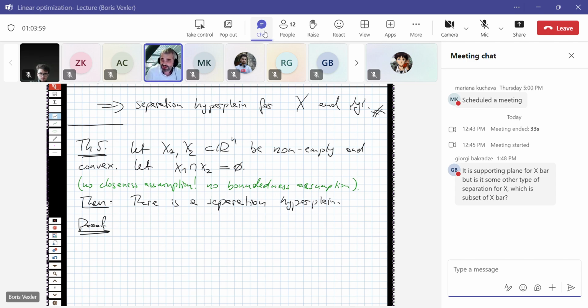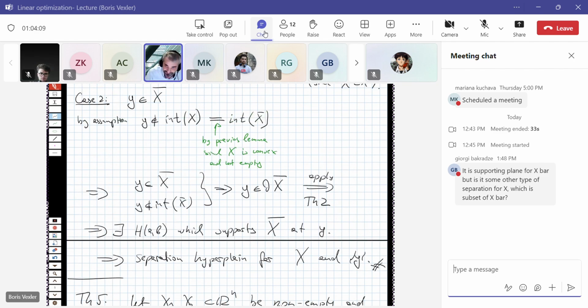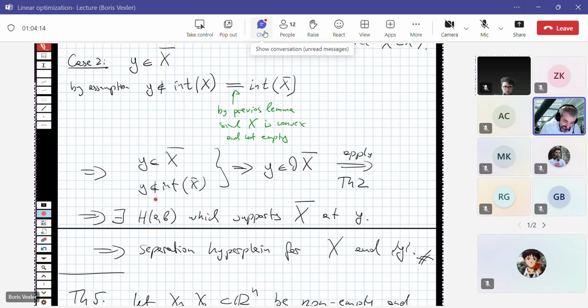I do not really always read the chat, and therefore it is better to ask questions directly, interrupting me. But the question is probably whether, if this hyperplane supports X bar, it means that it separates X and Y.